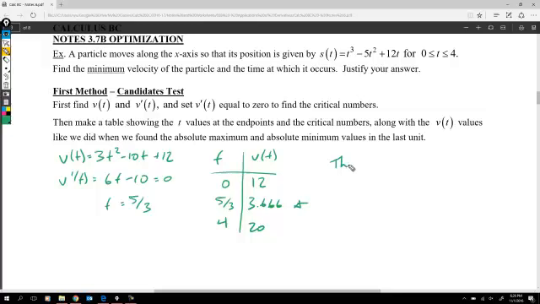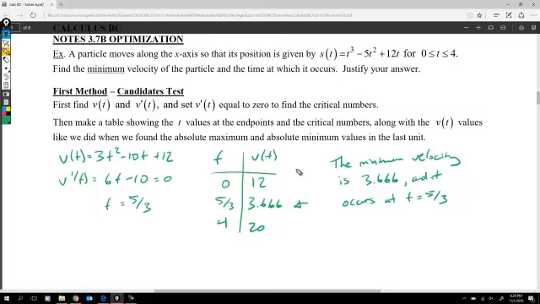So I could say the minimum velocity is 3.666. They didn't give me any units, so I don't have to give any. And then it occurs at t equals 5/3.